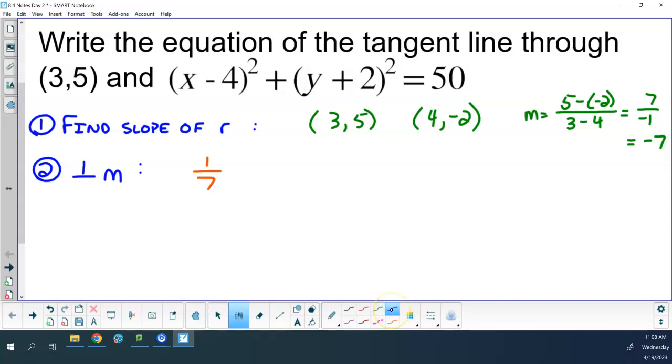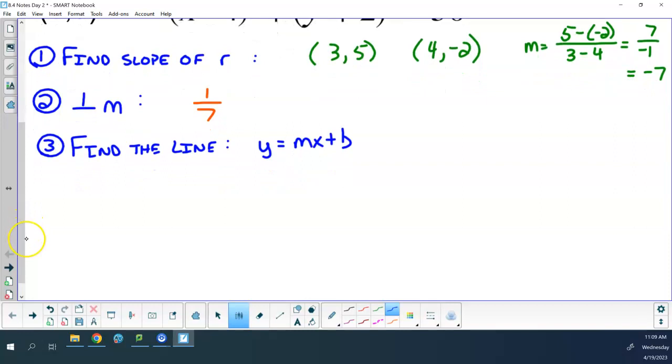Now I can find the line. I'm going to utilize y equals mx plus b, with my slope of 1/7 and the point that I go through, (3, 5).